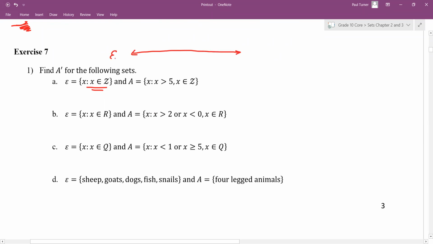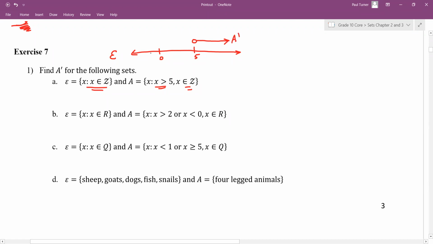This is your universe. And here it says set A is numbers greater than 5 that are integers. So if you put 0 here and 5 is here, greater than 5 is here, any number more than 5. We use an open circle because we don't include 5. So this is set A.